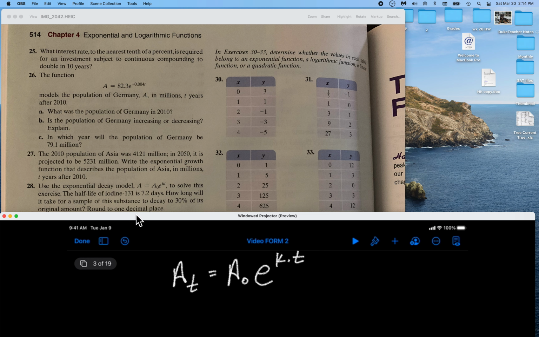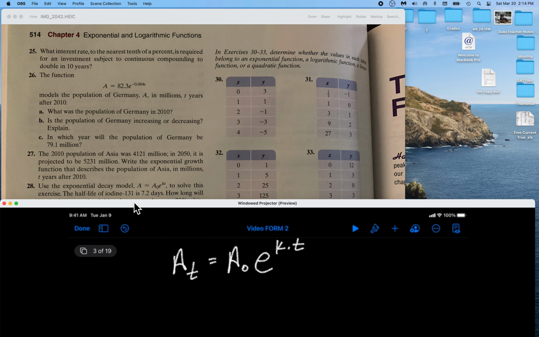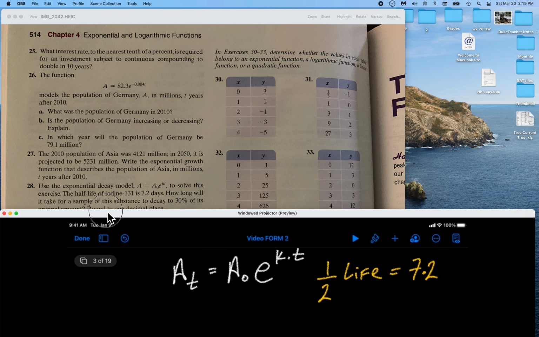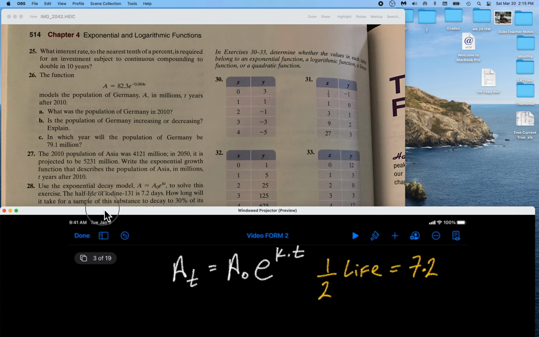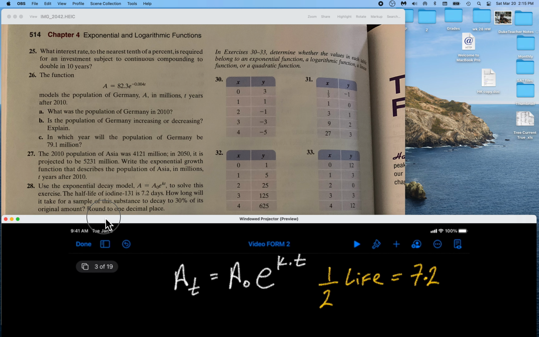Okay. They tell you the half-life of iodine is 7.2 days. Now, how long will it take for a sample to decay to 30% of its original amount?